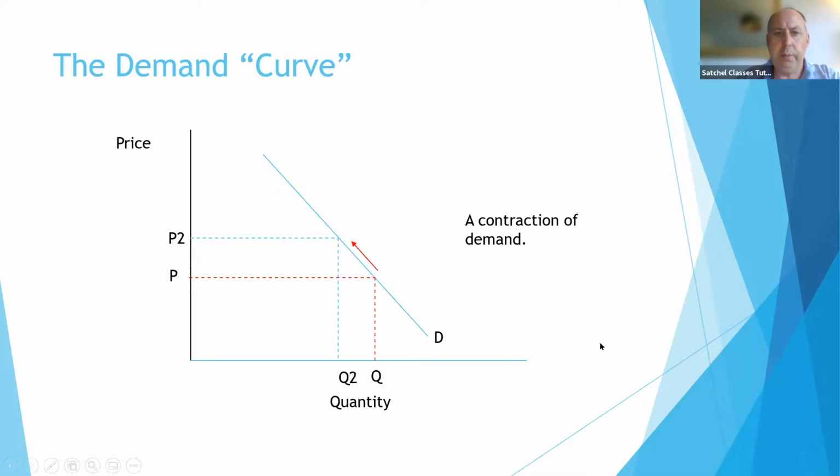Right, we'll move on. So if we go in the other direction, if the price increases from P to P2, we will have a contraction along the demand curve. So if the price goes up, fewer people will be able to afford this product. So we move from Q to Q2.